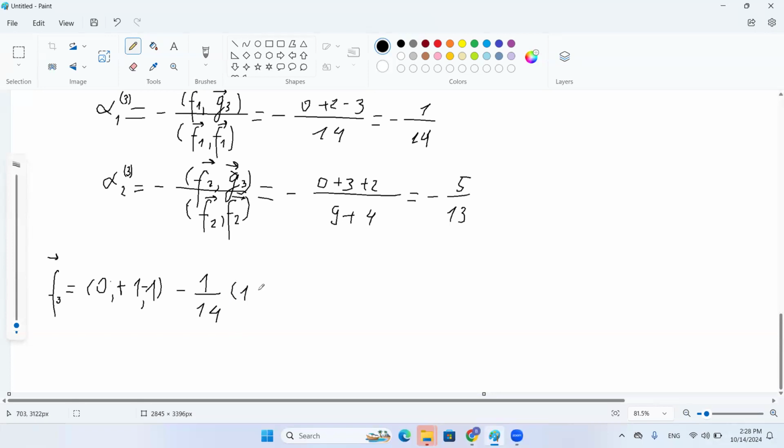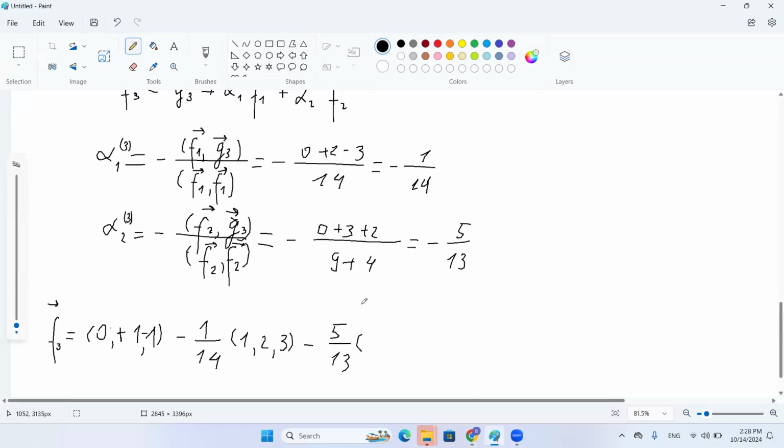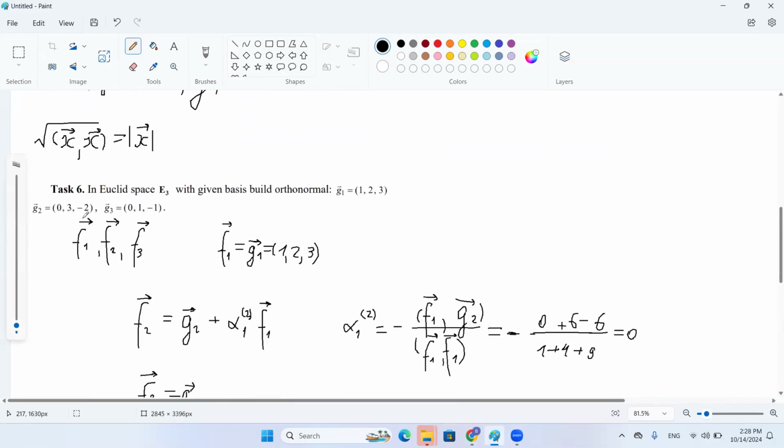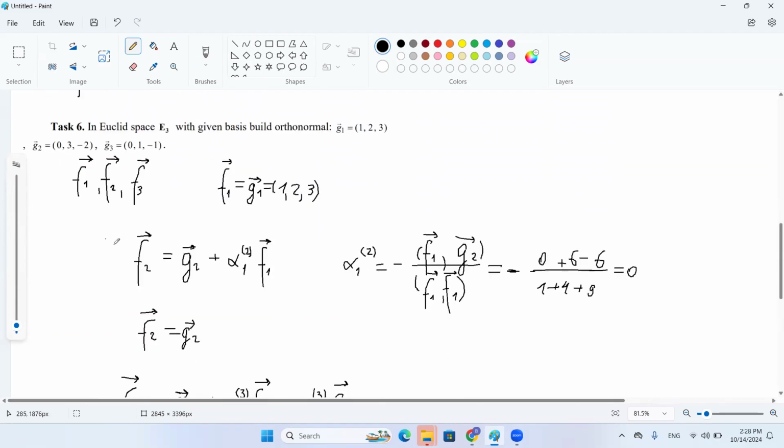So we'll have to have fun with adding fractions. I guess you like it. Of course not. And f2 is g2. So 0, 3, minus 2.